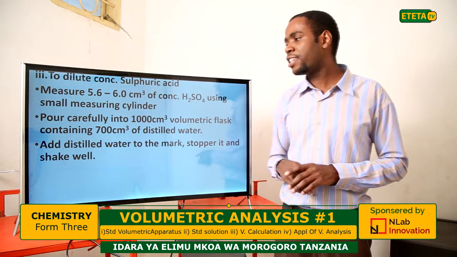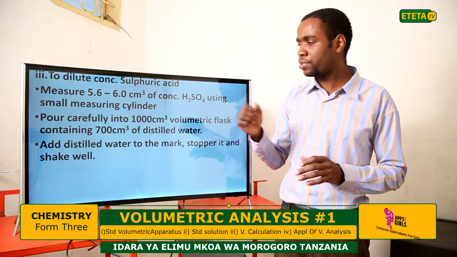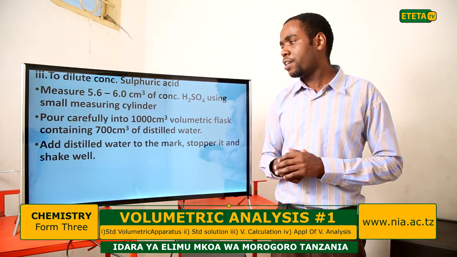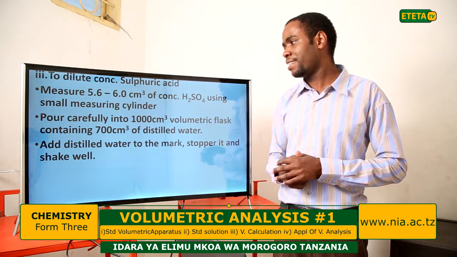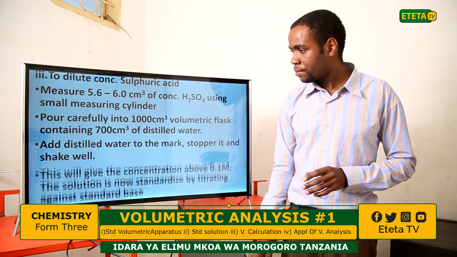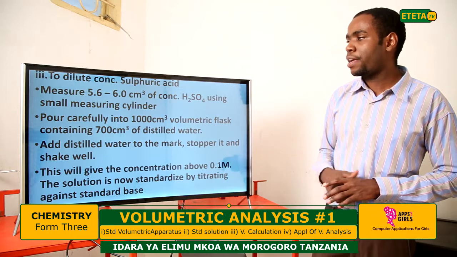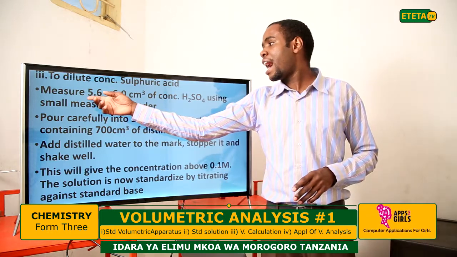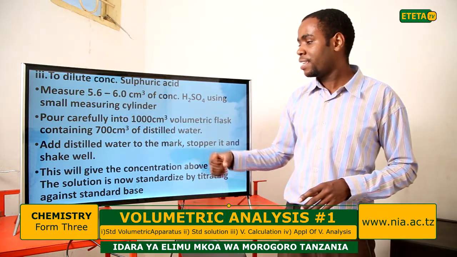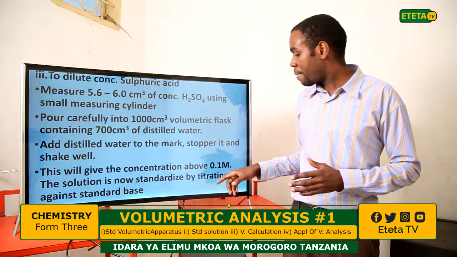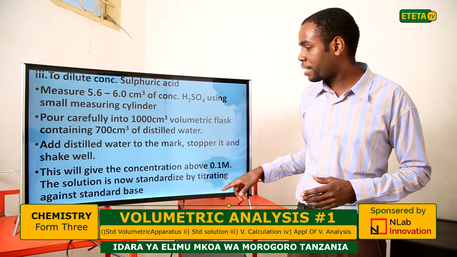Stopper it and shake it well. We use the stopper and then we shake it in order to mix it. Then this will give a concentration above 0.1 because here we measured above 5.6, so the concentration obtained here will be above 0.1 molarity.